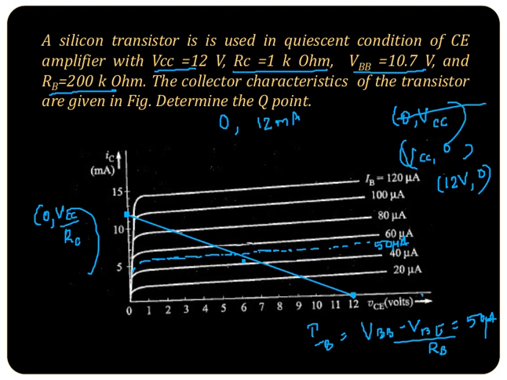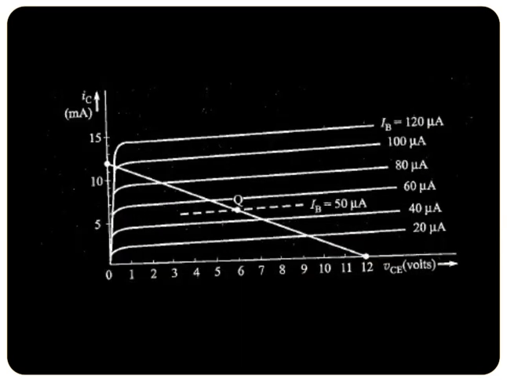So the intersection of this characteristic with the load line gives the operating point of this transistor under this quiescent condition, that is when there is no input signal given. So this is the Q point, the solution, and this is IB equal to 50 microampere.